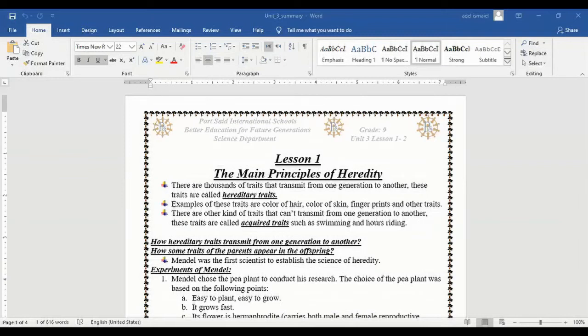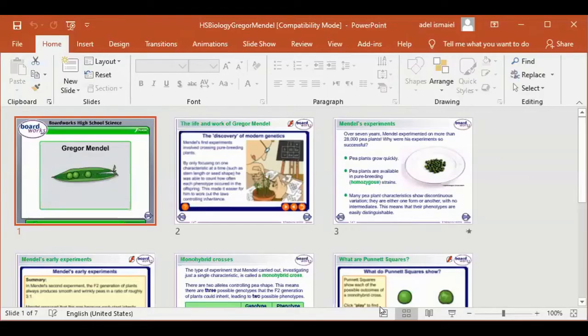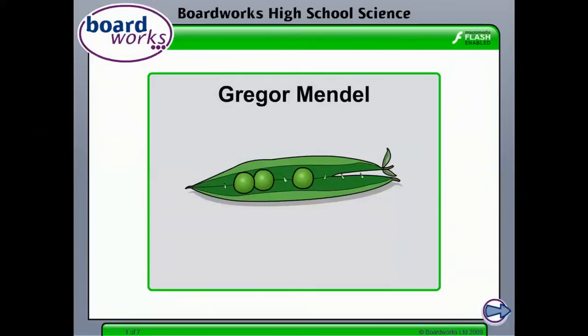Starting with the first part in this lesson, which is talking about the father of genetics. The scientist is called Gregor Mendel.